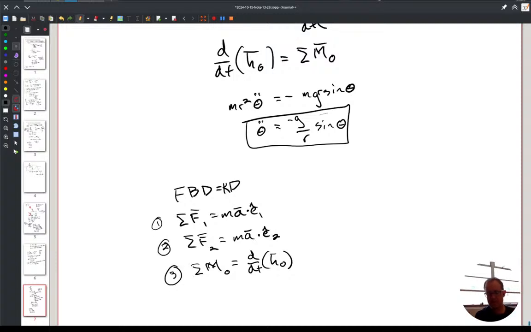So we always have those 3 equations that we can deal with. If you're in 3-dimensional motion, then you actually have 6 equations because you have 3 components of force and 3 components of moments. Here we'll stick to 2 dimensions, at least for now. The other one, it's just an extra D if you add more dimensions.